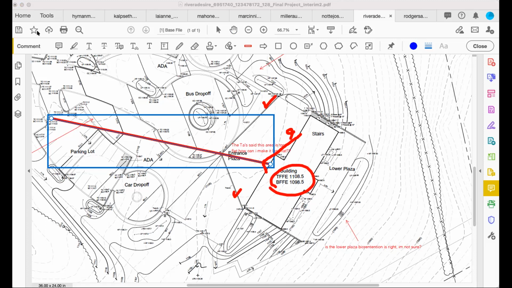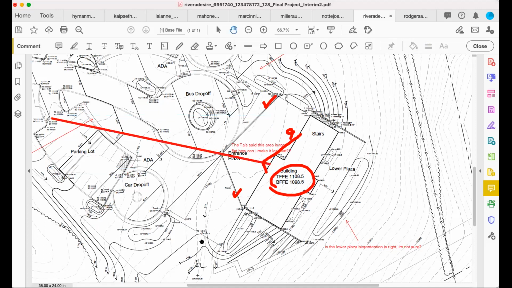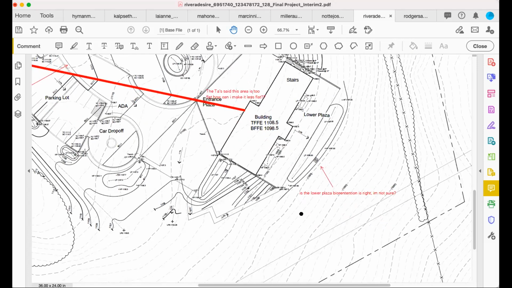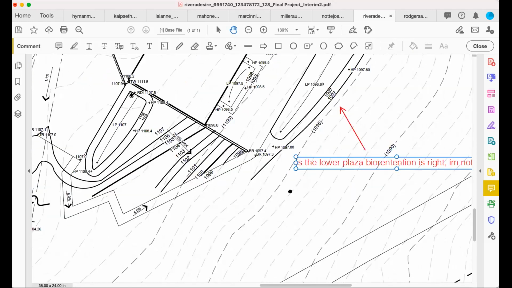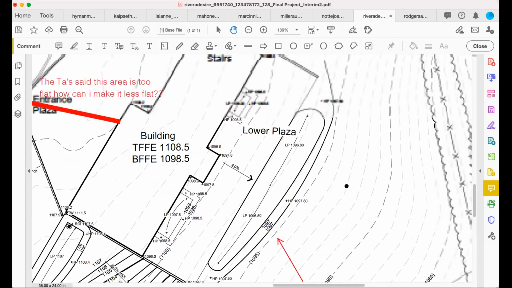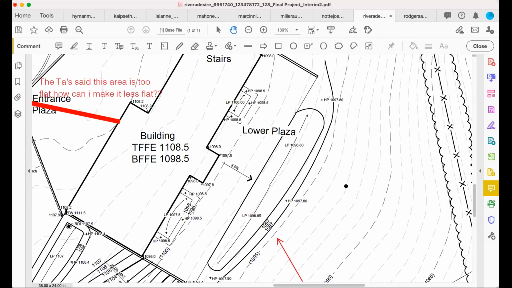All right, and looking for another question. Okay. The lower plaza bioretention. All right. So you basically had a calculation of the edge of the plaza.